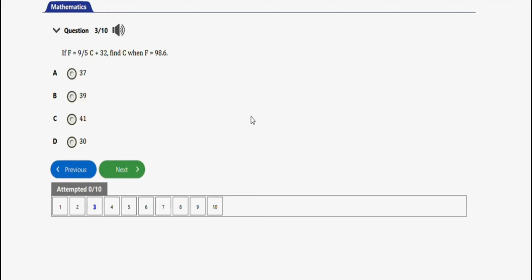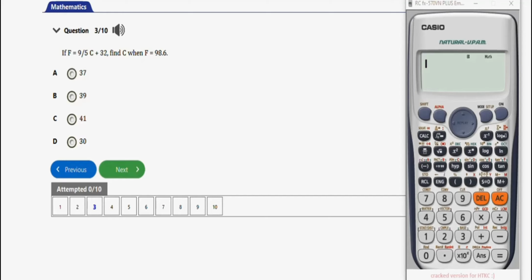So let's use a calculator and solve this faster. Let's reset first. Press shift button 9 for the instructions, press 3. When f equals 98.6, equals sign, press shift then the arc key.